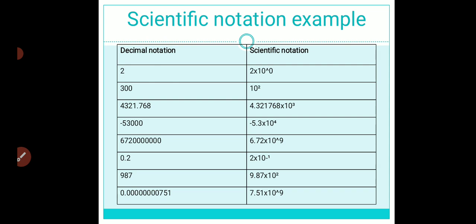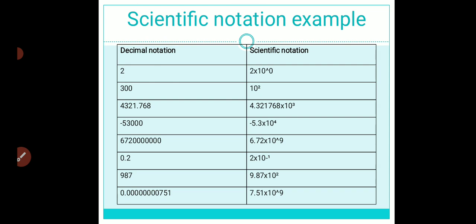Another example is 0.2. In scientific notation, it is 2 times 10 to the power of negative 1. If the decimal notation is 987, the scientific notation is 9.87 times 10 to the power of 2.